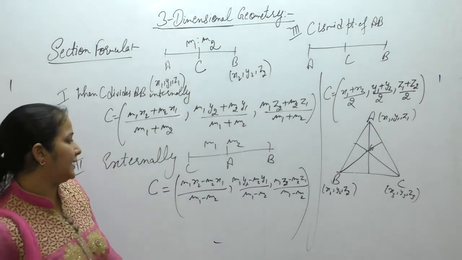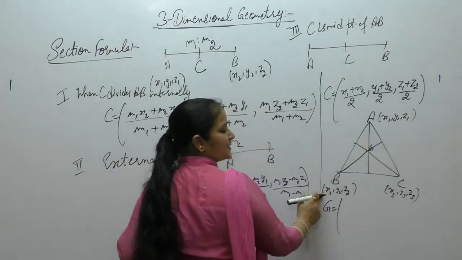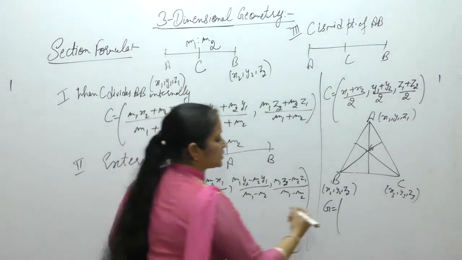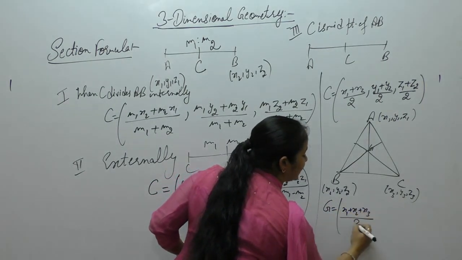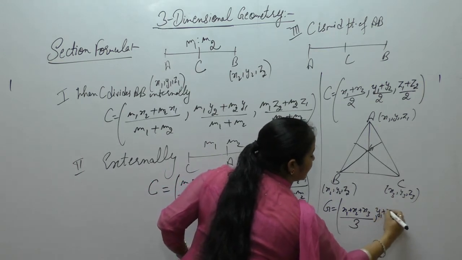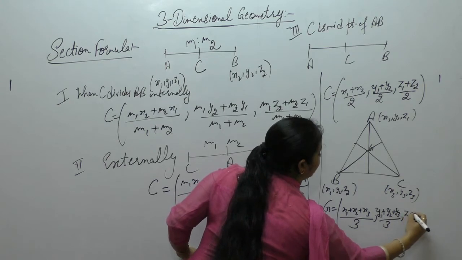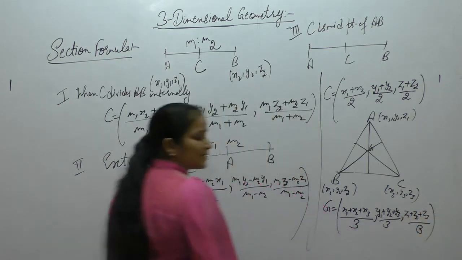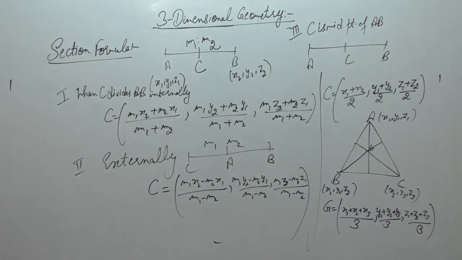Centroid of triangle has coordinates (x1 plus x2 plus x3) by 3, since the triangle has three vertices. Similarly, y coordinate (y1 plus y2 plus y3) by 3, z coordinate (z1 plus z2 plus z3) by 3. So this is the centroid of the triangle. Note up to here.